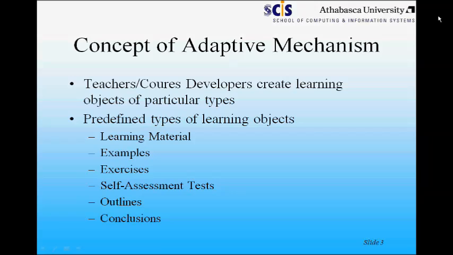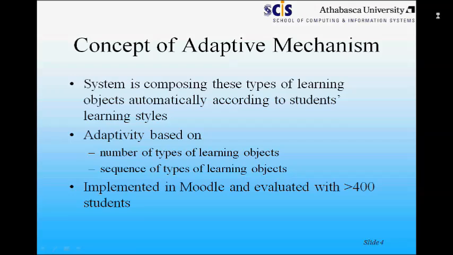That's learning material, examples, exercises, self-assessment tests, outlines and conclusions. And then once these learning objects are available, the system is able to automatically generate courses that fit students' learning styles.